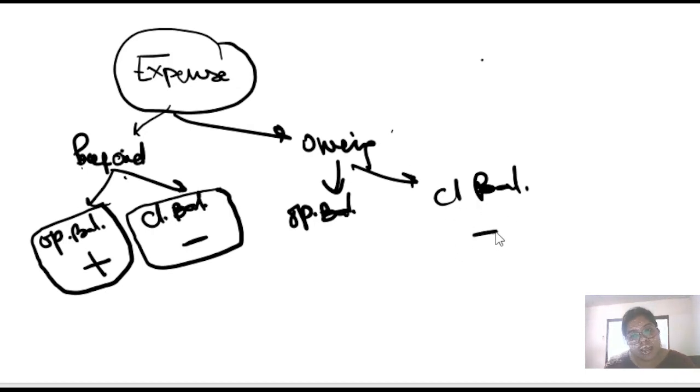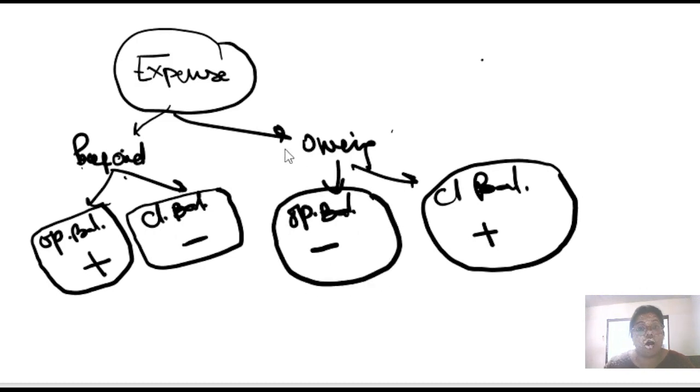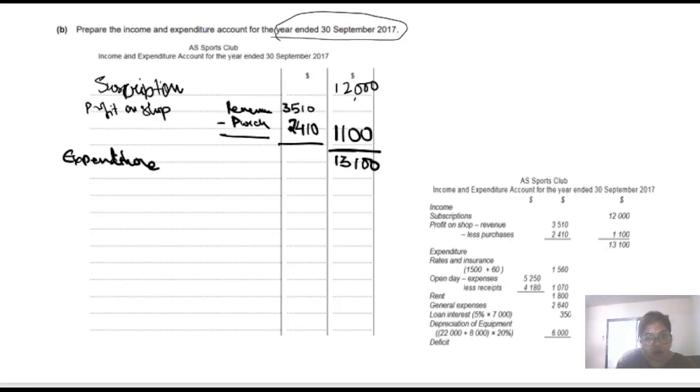That's why the closing balance of your owing, you have to add it, and the opening balance of your owing, you have to deduct it from your expenses. The same scenario we are going to use for our expenditure, which is rates and insurance.